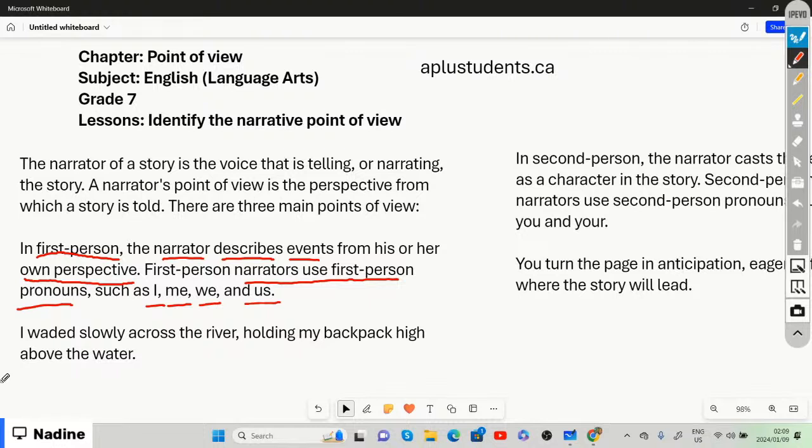If it's more than one, we can say we waded, holding our backpacks high above the water. But in this case, it's one person. So this is in first person. It is where the narrator describes events from his or her own perspective, and they use pronouns such as I, me, we, or us.